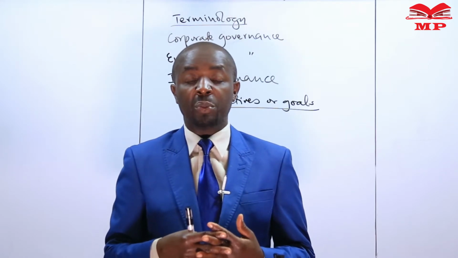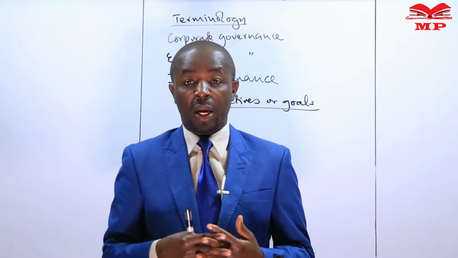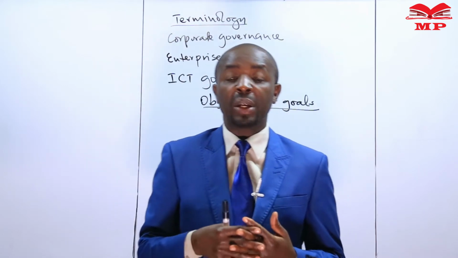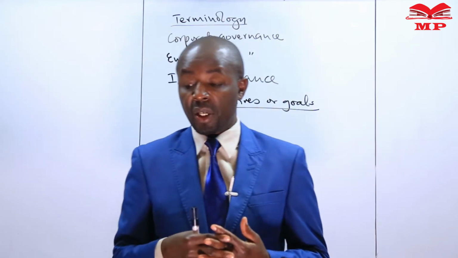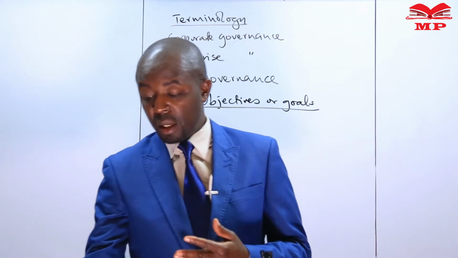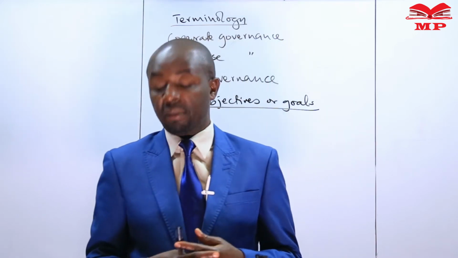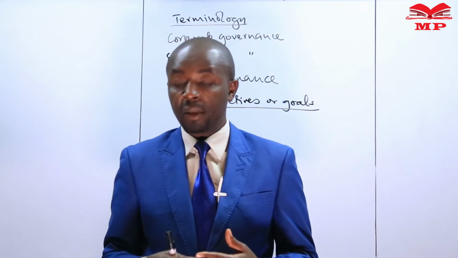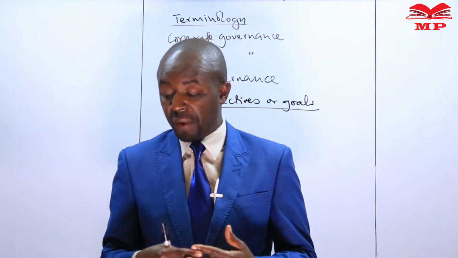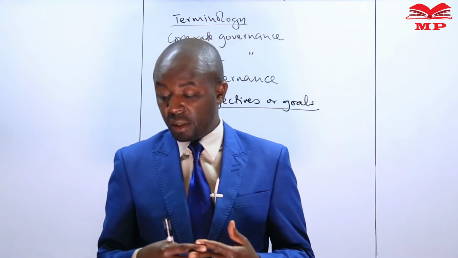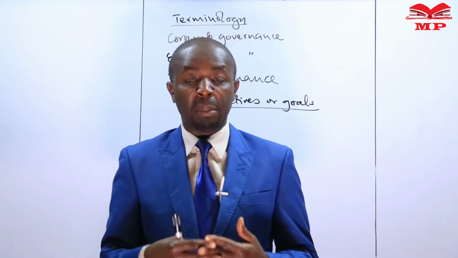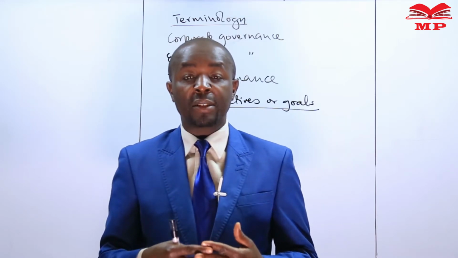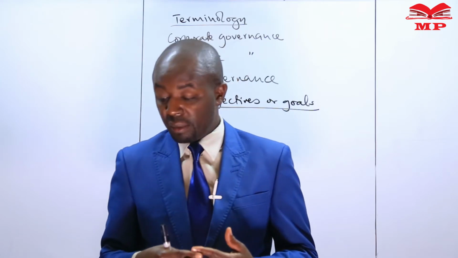For the alignment to be effective, we need resources, and those resources must be governed. The use of those resources, the decision making in this area must be governed. So we normally say that for the business to be effective, ICT must be put in place, and there must be a governance principle to ensure that succeeds.